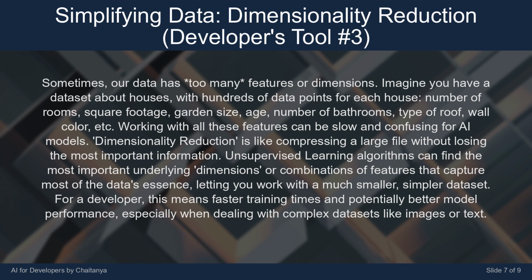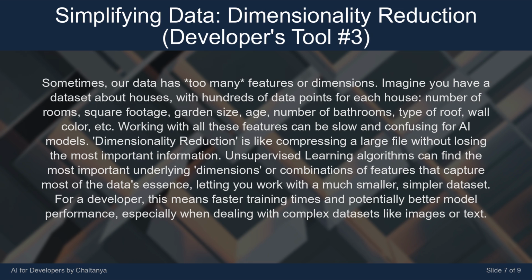Dimensionality reduction is like compressing a large file without losing the most important information. Unsupervised learning algorithms can find the most important underlying dimensions or combinations of features that capture most of the data's essence, letting you work with a much smaller, simpler dataset.